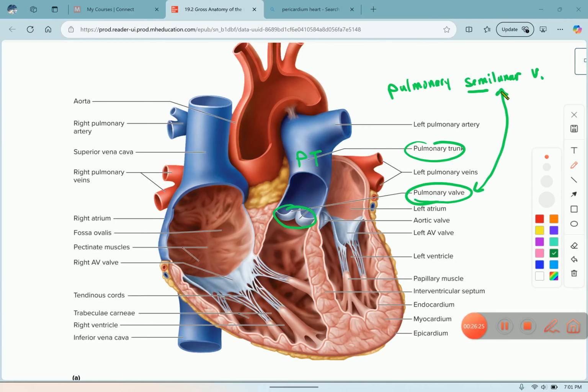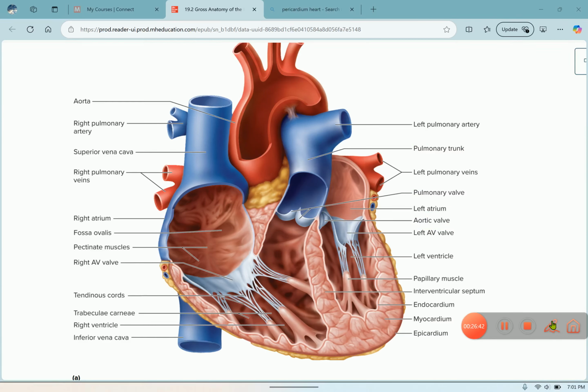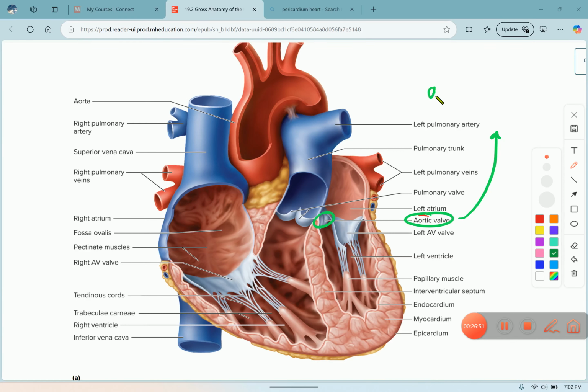Now, semi means partial and lunar means moon. So some anatomist a long time ago looked at it and said, oh, it looks like a semi-moon, so we'll call it semilunar. The other semilunar is the aortic valve, also known as the aortic semilunar valve.